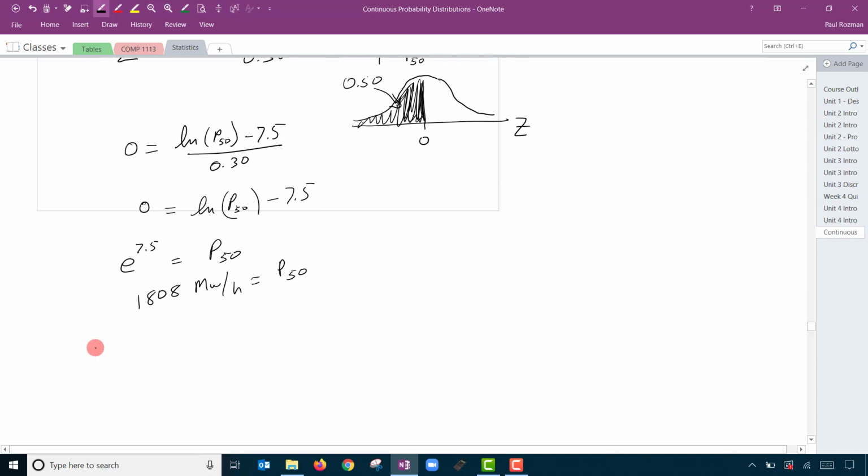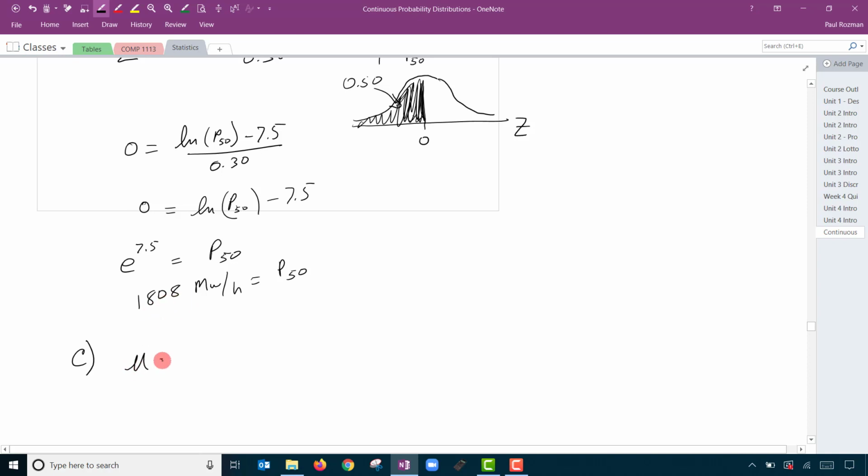And if you want to solve part C, it's asking what's the mean value. It won't exactly match the median because this is skewed, right? If we have a perfectly symmetric distribution, the mean and the median should be the same. But it's not horribly skewed in this case, so I'm expecting it to be fairly close to this. Because it's skewed to the right, I'm expecting it to be a little bit larger than this.